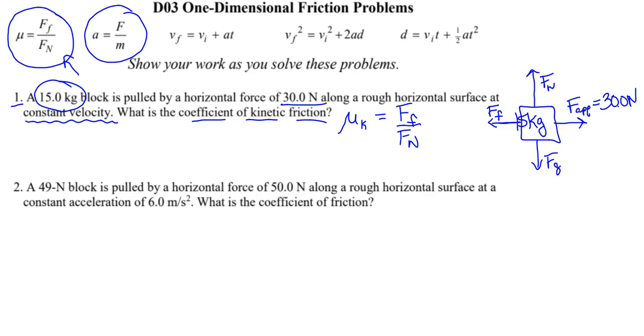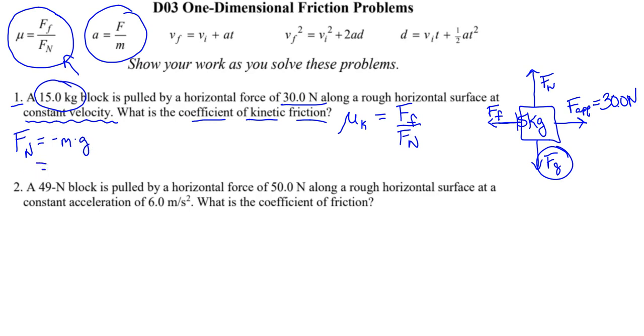Okay, so let's start with the normal force. The normal force is going to be the opposite of the force of gravity. So the formula for the normal force is negative mass times gravitational acceleration.